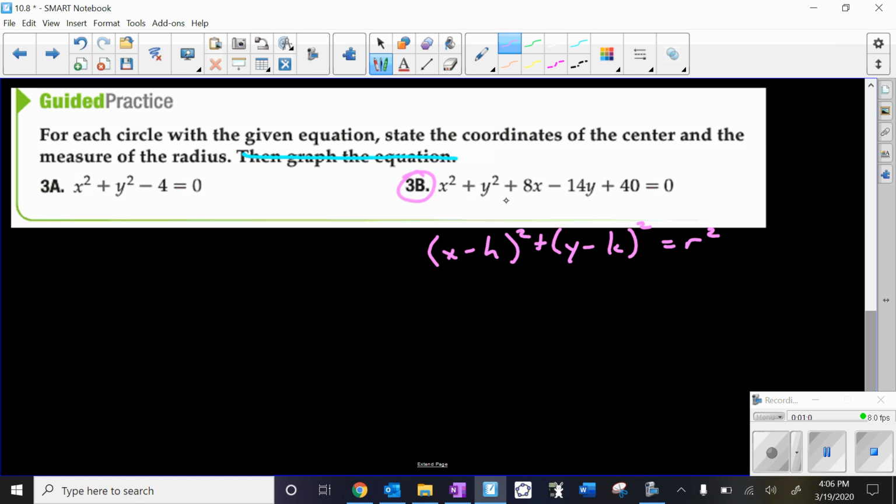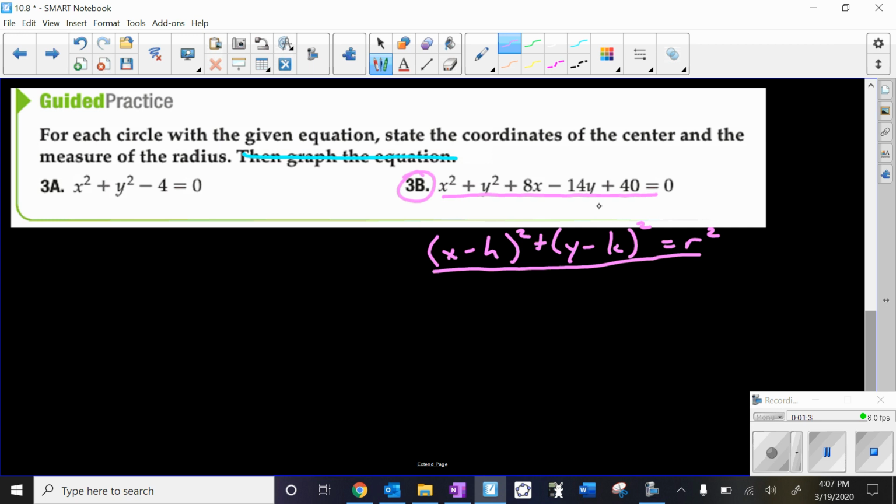We are going to convert this problem to standard form, which is x minus h squared plus y minus k squared equals r squared. To do this, we're going to use a procedure called completing the square. This may look very foreign. I'm hoping you did this in Algebra 1, but if not, I'm going to show you exactly what that looks like. I'll skip a couple of steps, but I'll go back and explain how it all works once we get to the end.